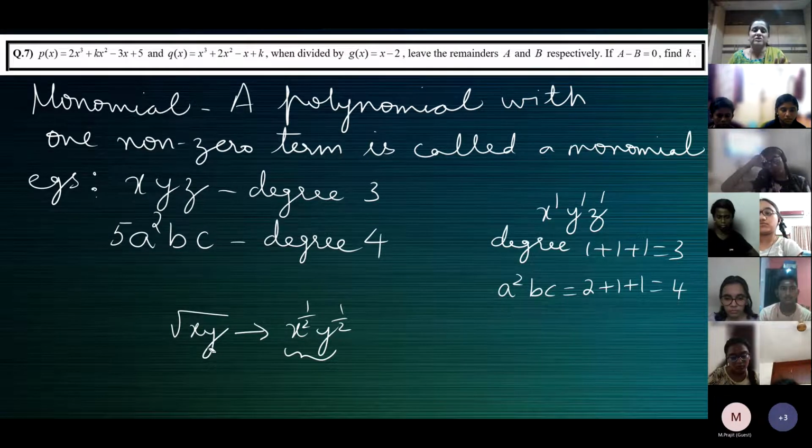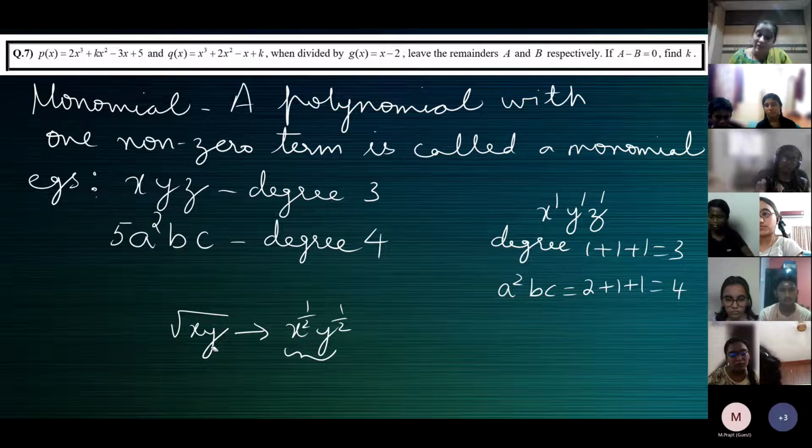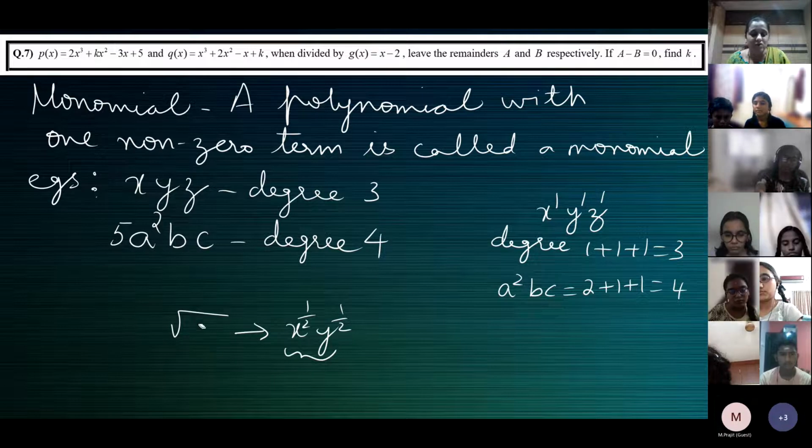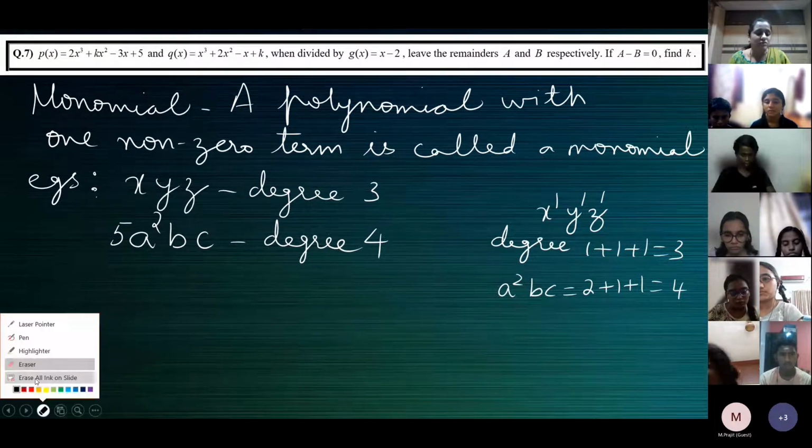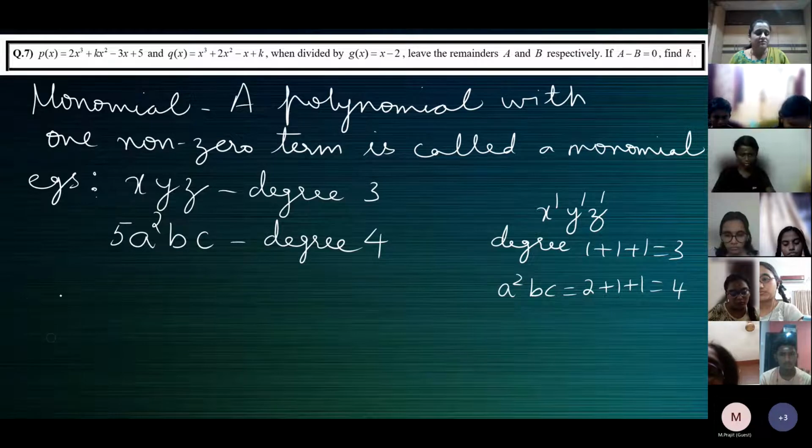Everything is an algebraic expression, made up of constants, variables, and mathematical operations. Any expression made up of constants and variables connected by some or all mathematical operations is an algebraic expression. But you should check if it's a polynomial, and then decide if it is a monomial. So here, this one is not a polynomial at all, so it's not a monomial.